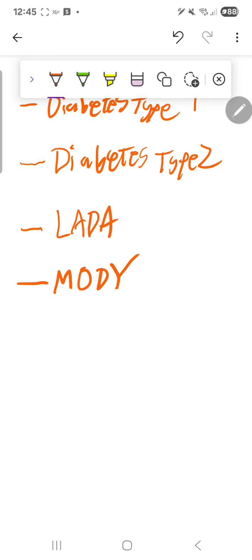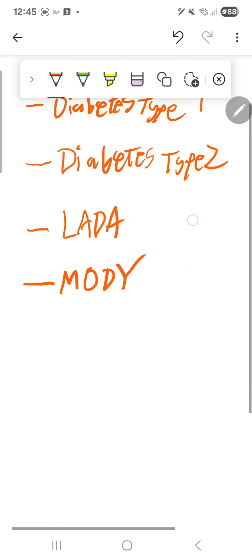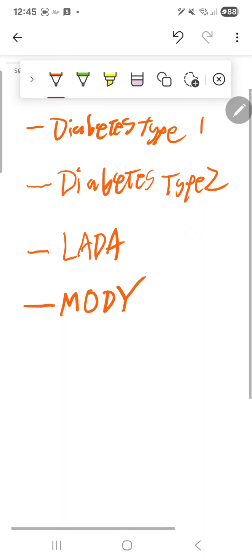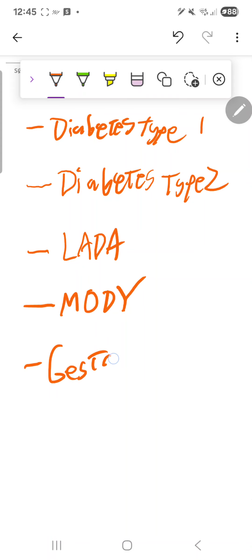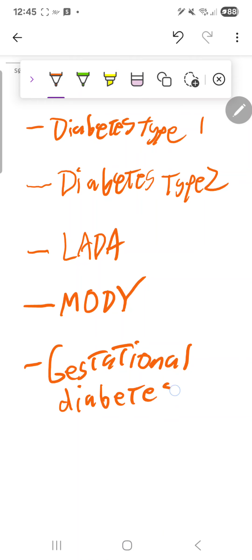And so the fifth type I'm gonna mention here, there are a lot of other types of diabetes, but these are like the main ones. It's called gestational diabetes.